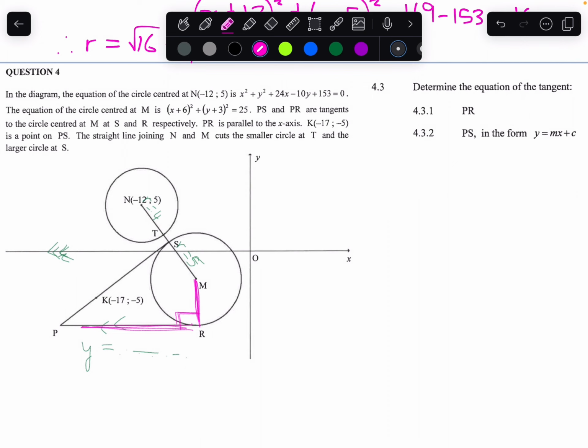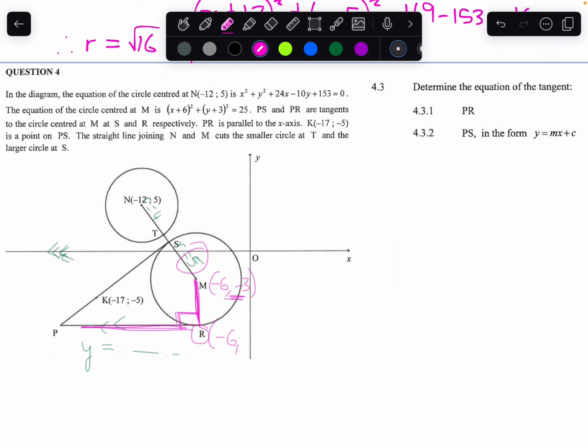So that means that if the coordinates of M are -6 and -3, as we determined earlier, then we know that R, because it's perfectly vertically below M, that means that R's x-coordinate must also be -6, and then the y-coordinate will be 5 units down from -3, right?